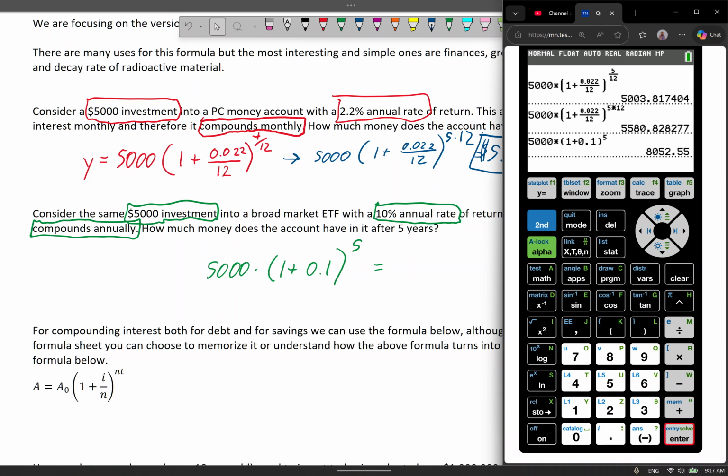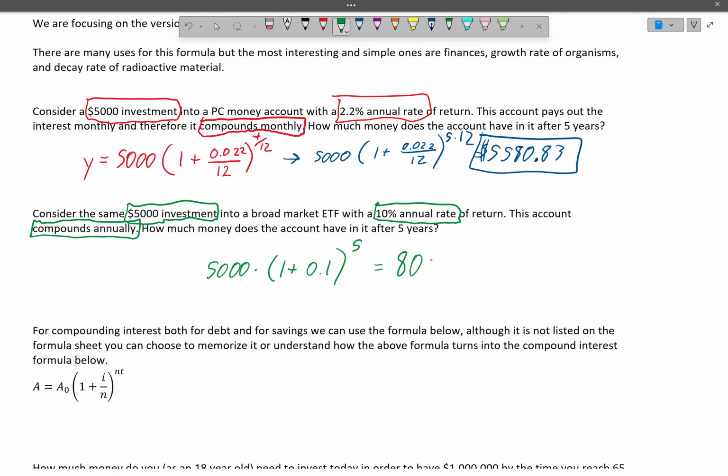And you can see how much stronger that is. 8,052.55. Which, when you think about it, seems kind of odd. It seems like way more powerful than it should be. Because 10% is $500 times 5 years.